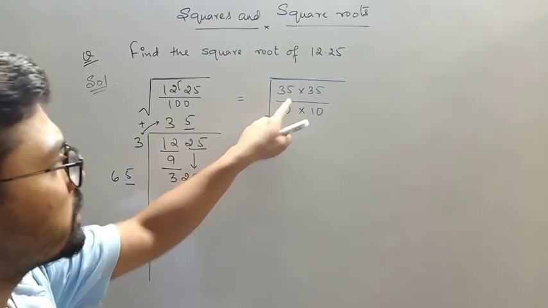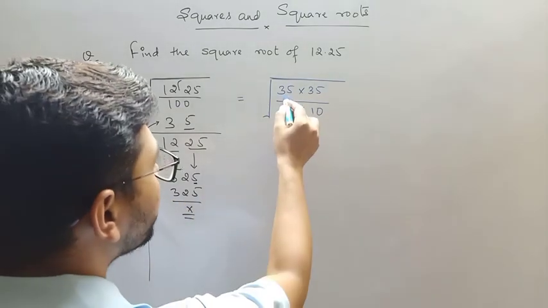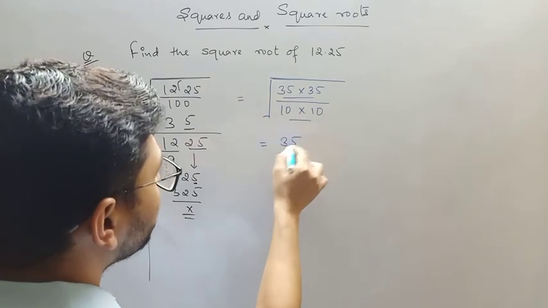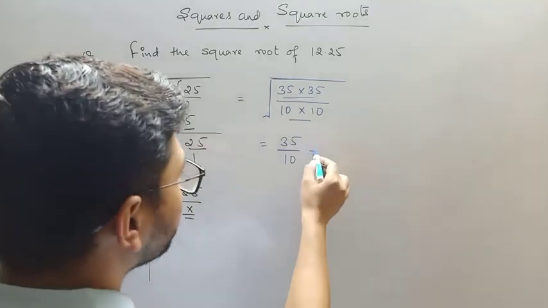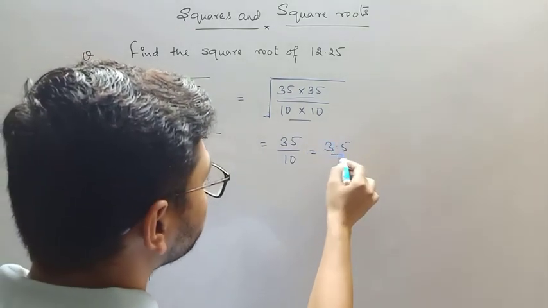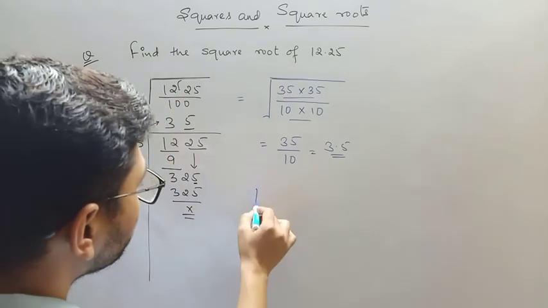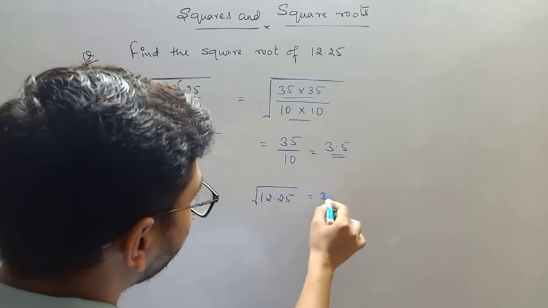Now this is one pair in the numerator, one pair in the denominator. So I can take 35 and 10 out from this square root. So 35 divided by 10, which can be written as 3.5. So this is the answer. The square root of 12.25 is equal to 3.5.